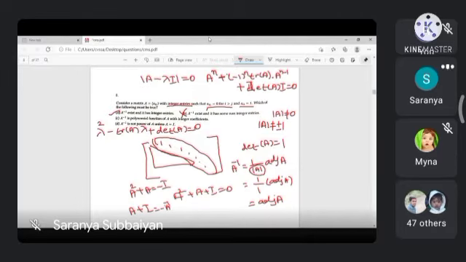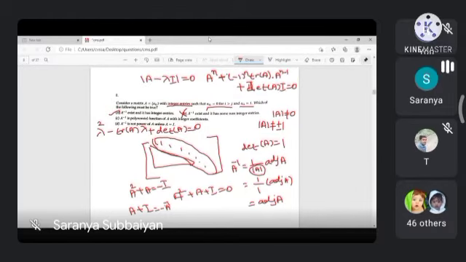Do you remember? I hope you studied it in BSc first year, first semester, theory of equations. Sum of the roots, product of the roots. That is connected with these eigenvalues and eigenvectors.